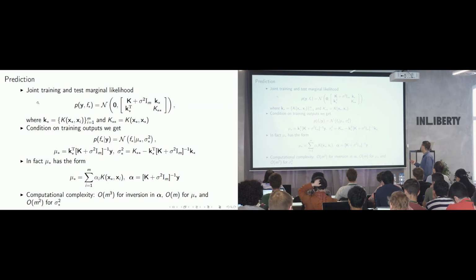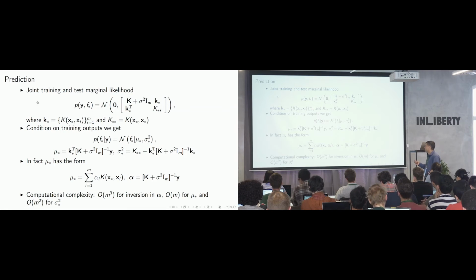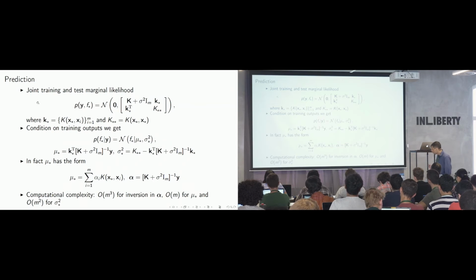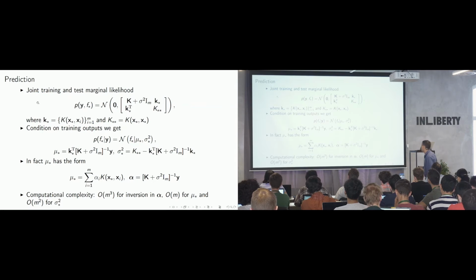We obtain that the conditional distribution of f star given y is again Gaussian, with mean mu star and covariance value sigma star, where mu star and the covariance can be calculated explicitly according to these formulas.